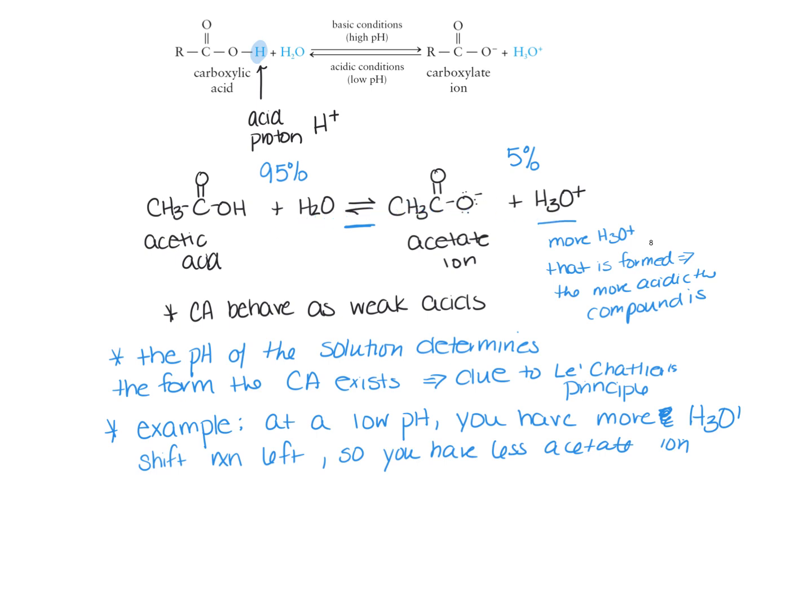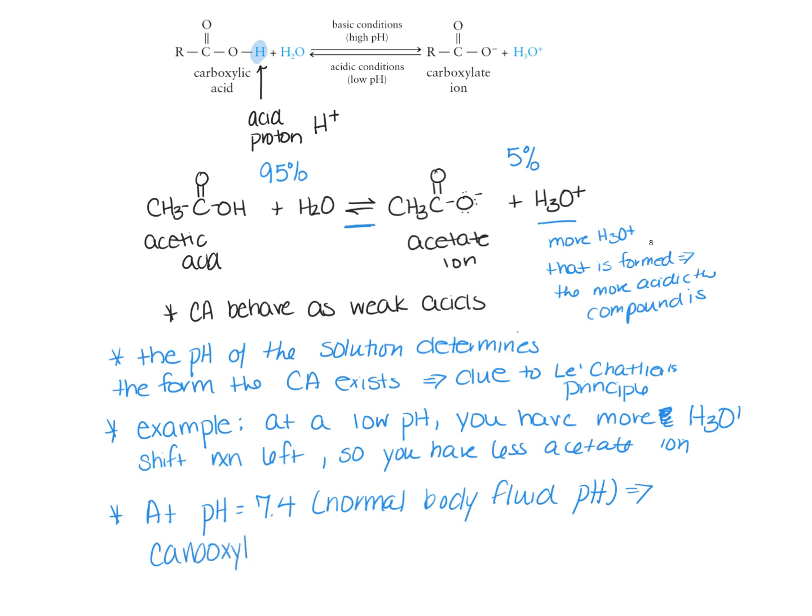Now, what does this mean for us? Well, at a pH equal to 7.4, which is your normal body fluid pH, you are going to get that carboxylate form.